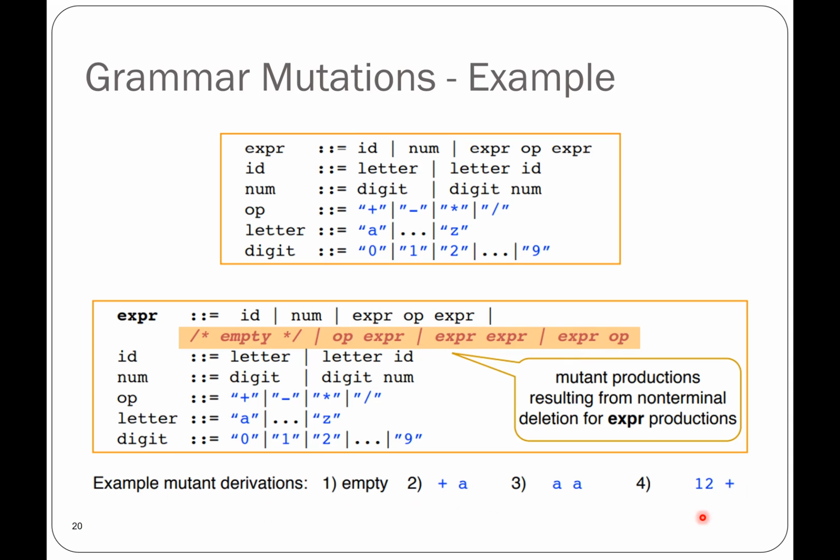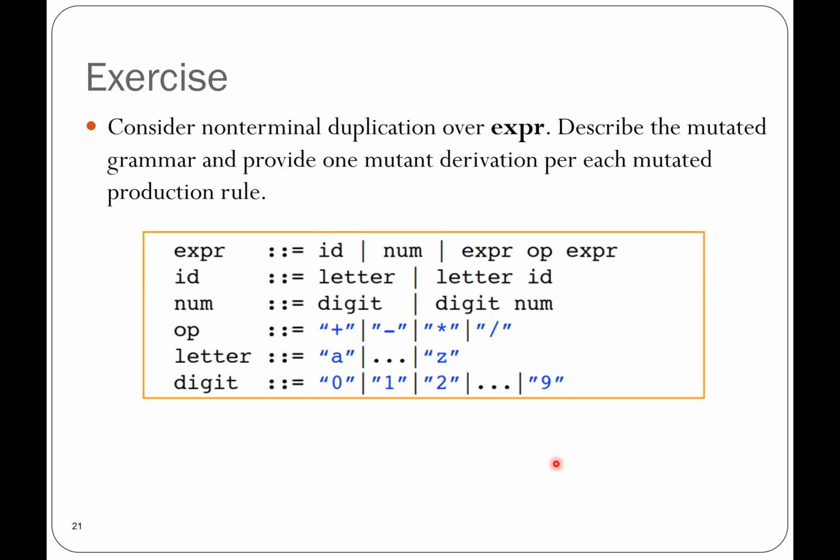All right. Some of these derivations could be valid. Some of the other derivations may not be valid. Okay. Let's take a look at a different example over here. We're going to apply mutation to this BNF by doing duplication this time.